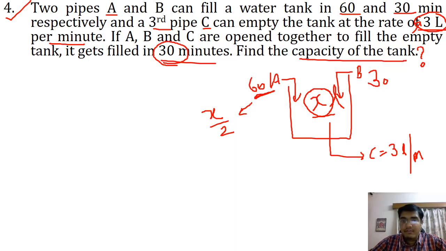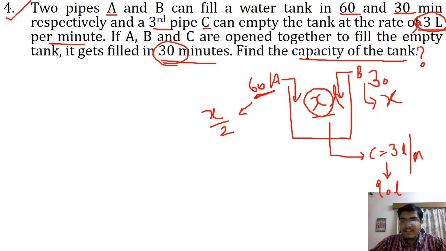Similarly, pipe B would be filling X liters of water, because in 30 minutes it can completely fill the tank. So this much amount is getting filled by A and B. And in 30 minutes, 90 liters of water is being ejected out by pipe C. So C is taking out 90 liters of water in 30 minutes.